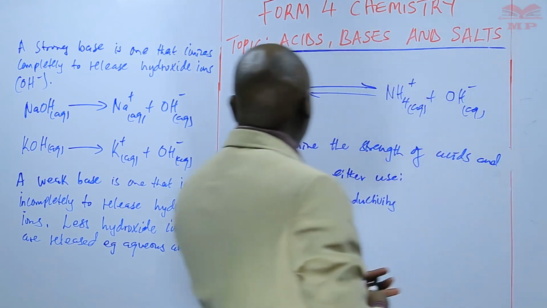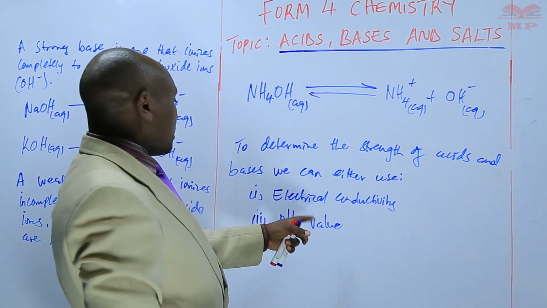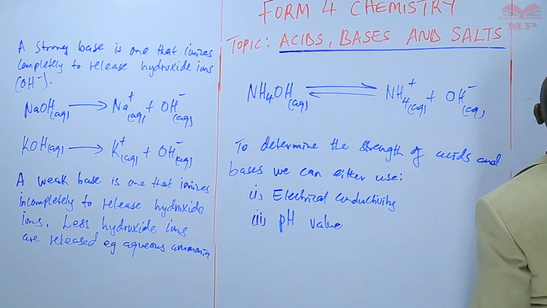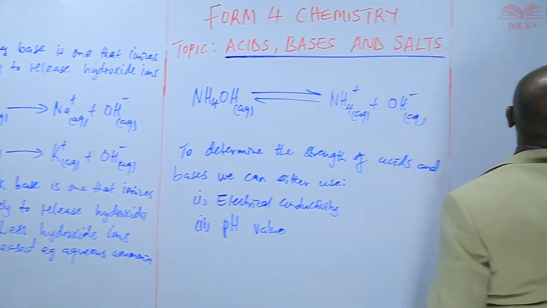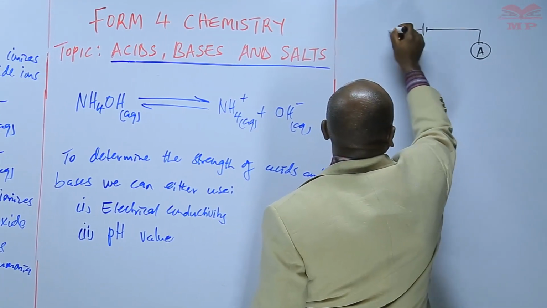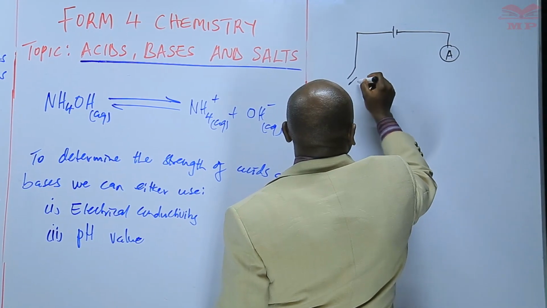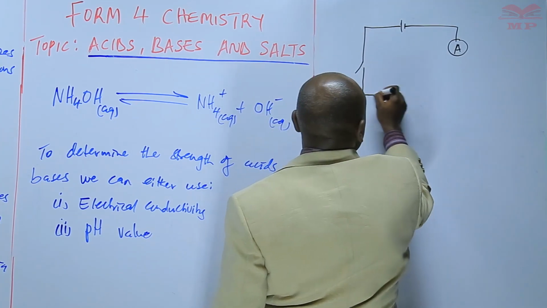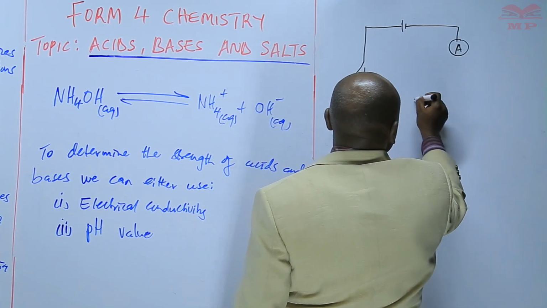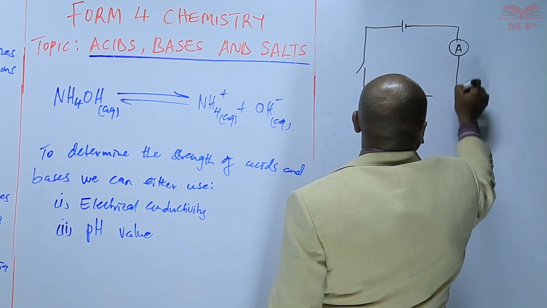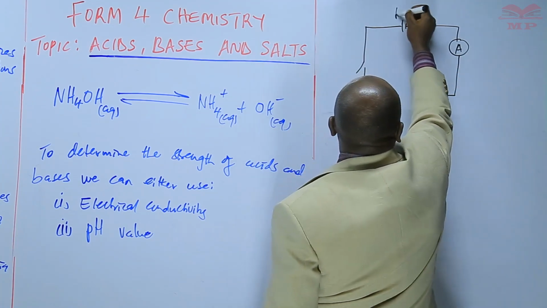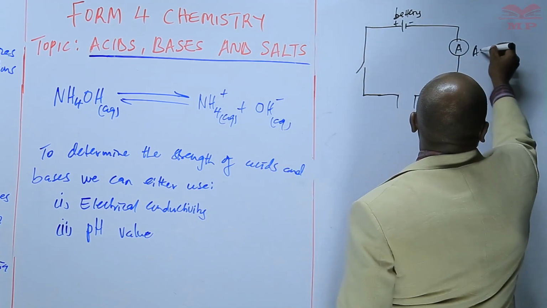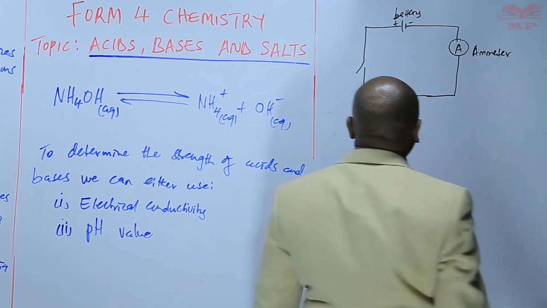The first method, by checking the electrical conductivity, we can have a simple circuit having an ammeter. So this is a battery with a negative and a positive charge. We have an ammeter to measure the current.